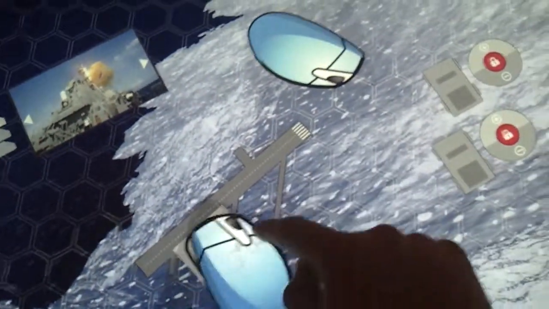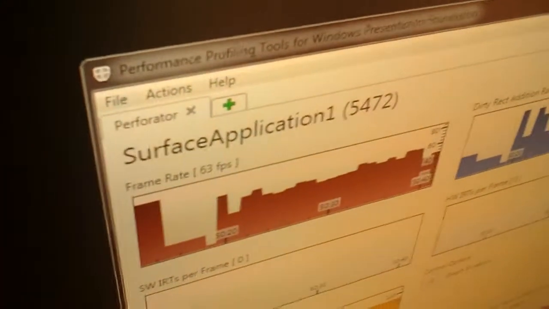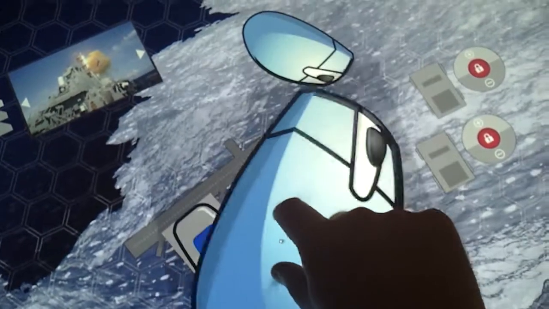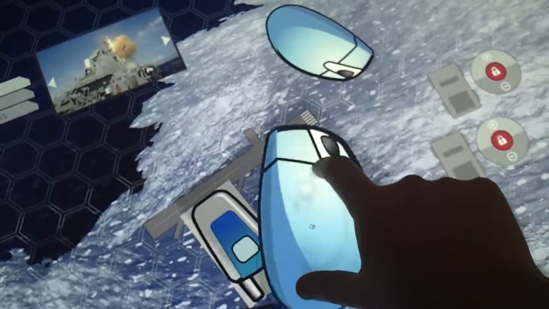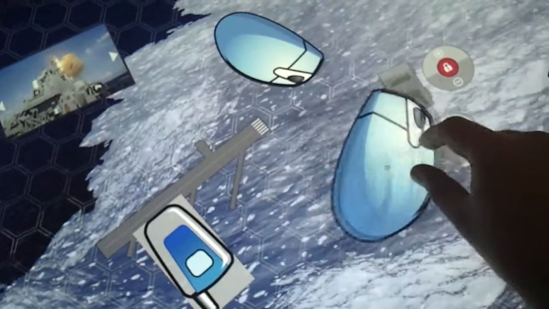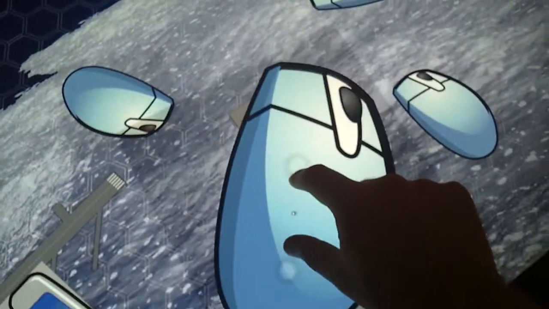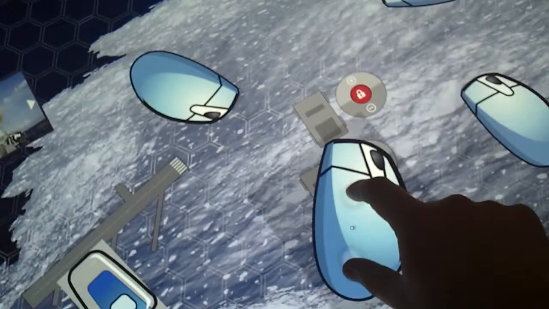So I'm moving this around, moving this one. About 63 frames per second. Scaling it up and down. Dropping to 30 frames a second or so doing this. And it really depends on what I'm scaling on top of. If I scale it on top of nothing, no problem at 45 frames a second.